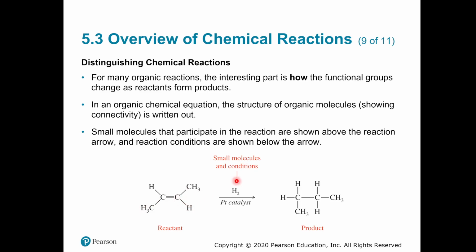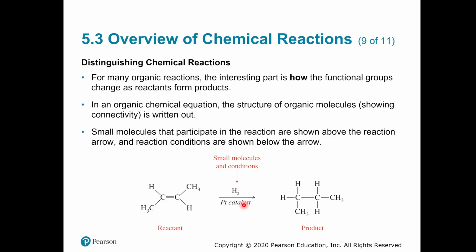This right here is then the hydrogen. That's going to be the small molecule that we're reacting with the butene. This is going to give us butane as our product, which is right there. Now, the stuff below the arrow is the platinum catalyst. So in the presence of the platinum catalyst, we can cause this reaction to go much faster.